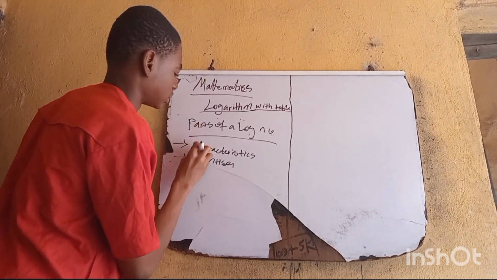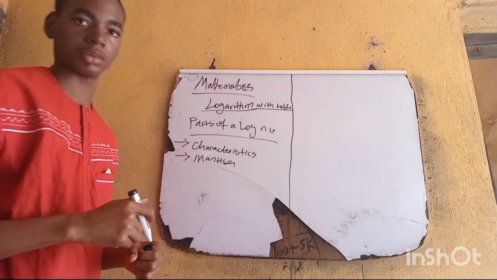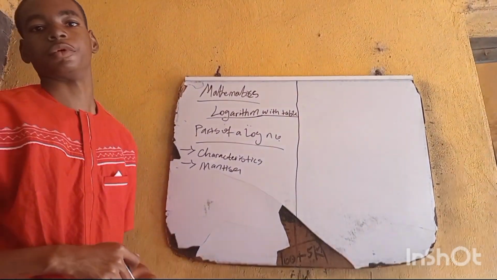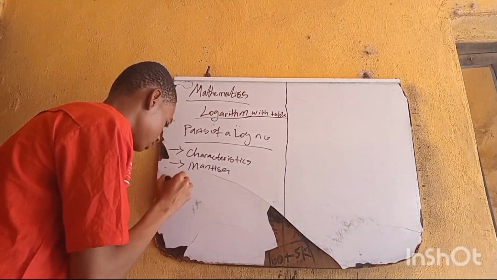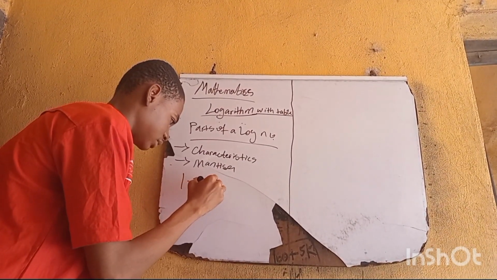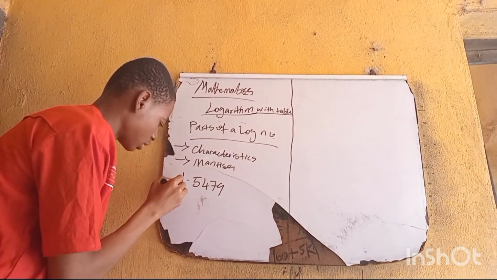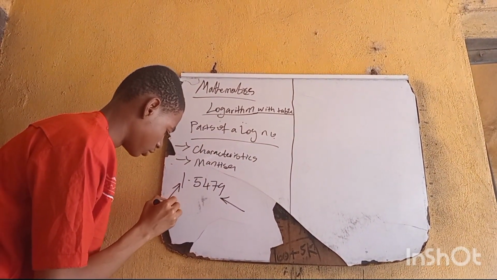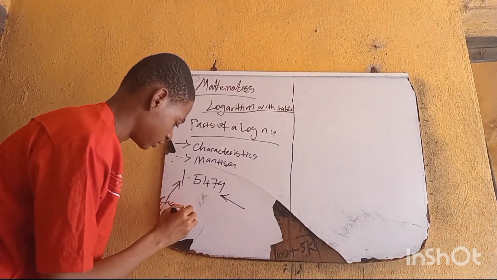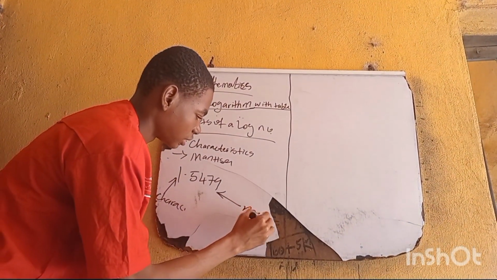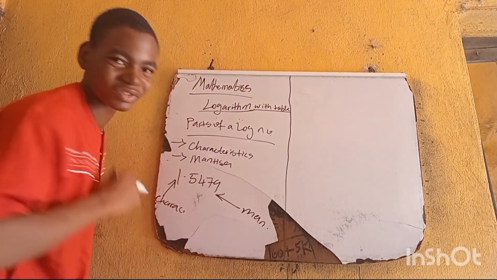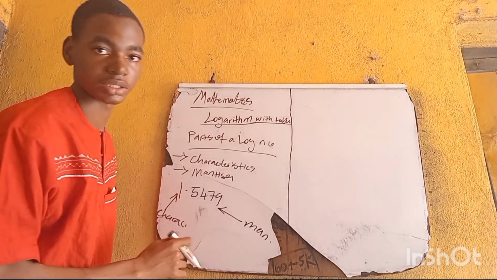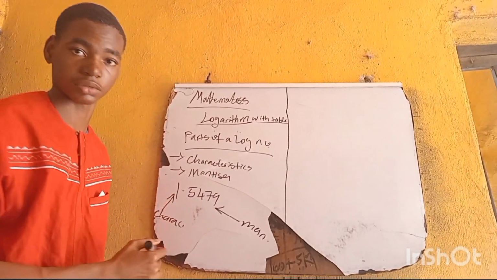And how do we know the characteristics and the mantissa in the logarithm number? We have this number 1.5479. The first number, the whole number, which is 1, is the characteristics, while the number after the decimal point is the mantissa. Sorry.